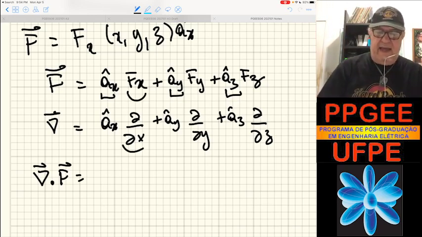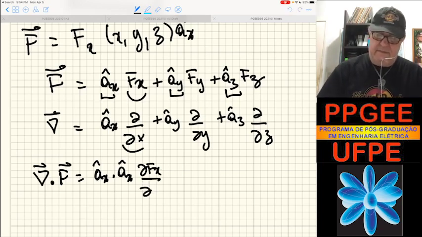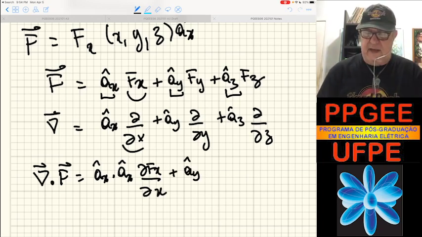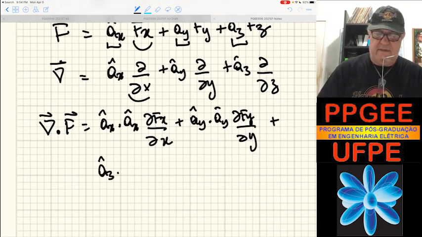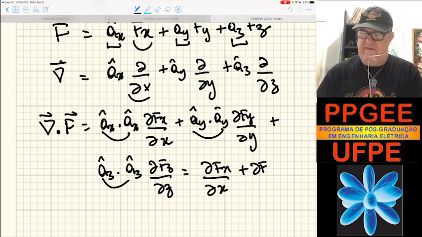So this is going to be ax dot ax dfx/dx, plus ay dot ay dfy/dy, and so on, plus the z term. As those dot products are all equal to 1, this is going to be exactly the divergence of f.